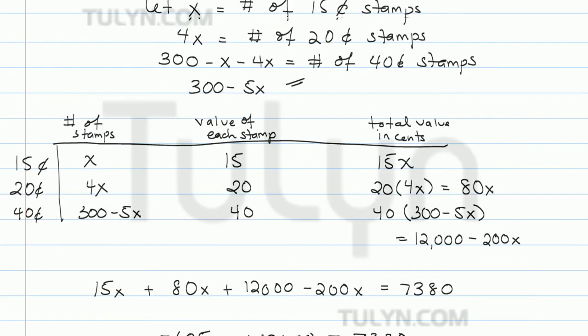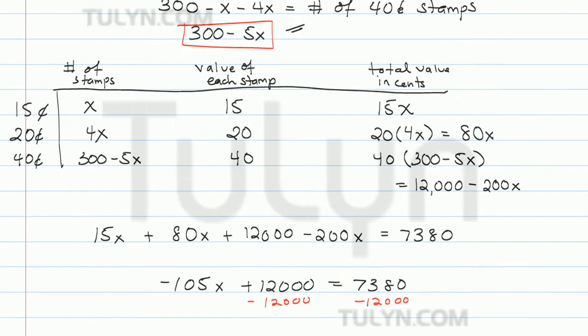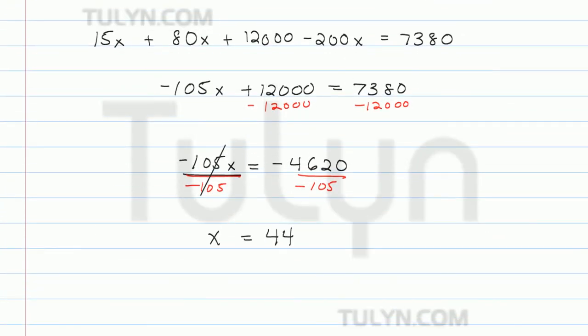So let's go back to our question. We wanted to know how many 40-cent stamps were purchased, so we wanted to figure out 300 minus 5x. We already have x, which is equal to 44. So we plug x equals 44 into our formula for 40-cent stamps.